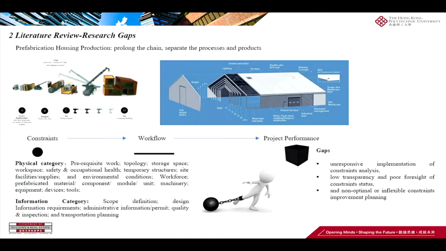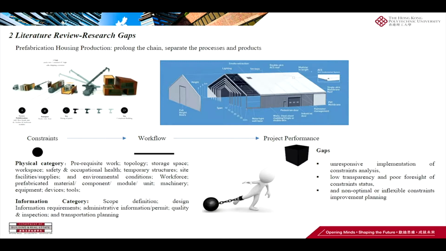It is because Hong Kong is a very densely populated city, and the storage area is very limited. So on the construction site, we often have a lot of inventory, which may in fact negatively affect the layout management of the site. And safety and occupational health, temporary structures and site facilities, environmental conditions.